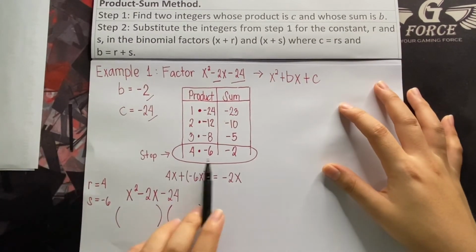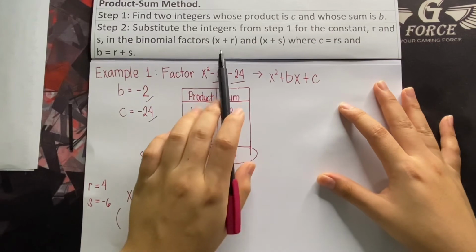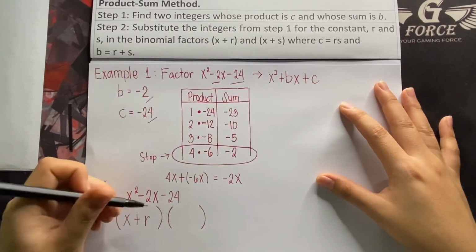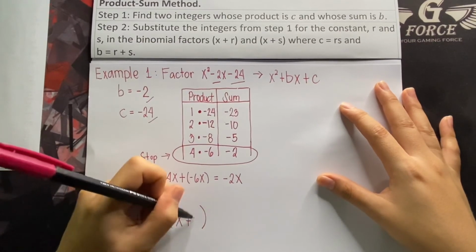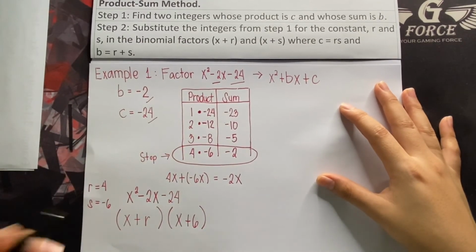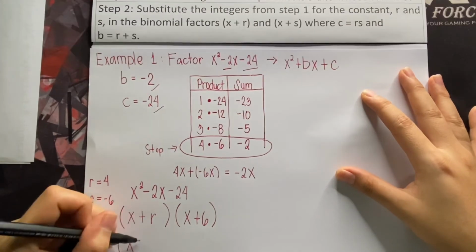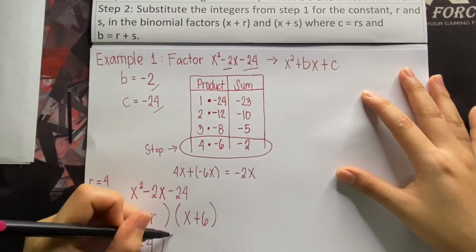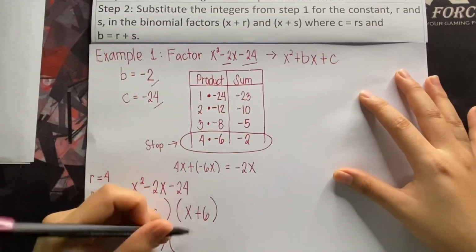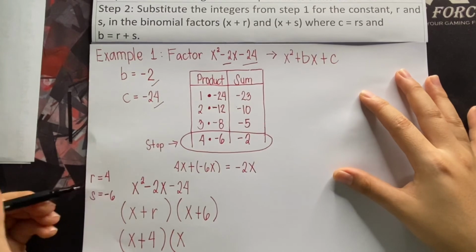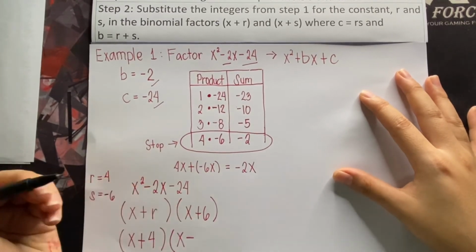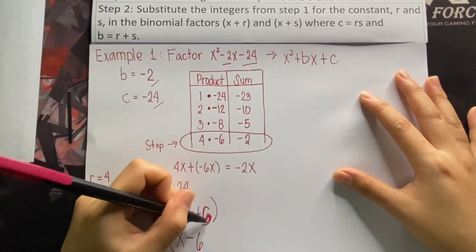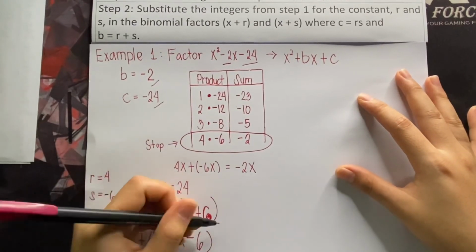Yan, 4, negative 6. Gayahin daw natin yung two binomial factors, x plus r and x plus s. So, substitute lang natin yung 4 sa r. X plus 4 times x. Since negative na si 6, palitan na natin ng subtraction. Minus 6. S pala dapat to. So, yun ang answer.